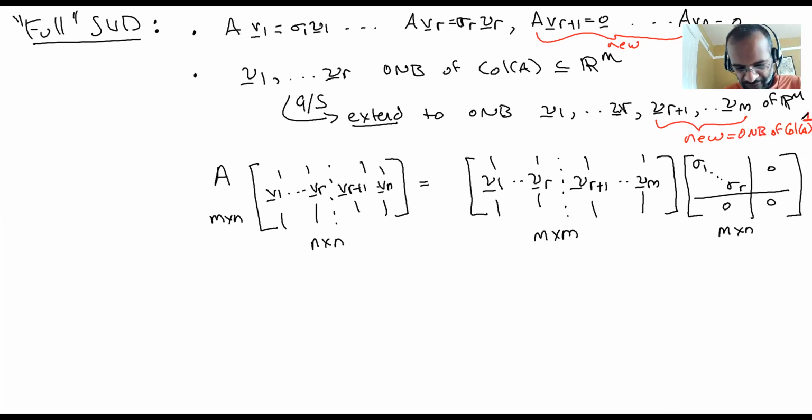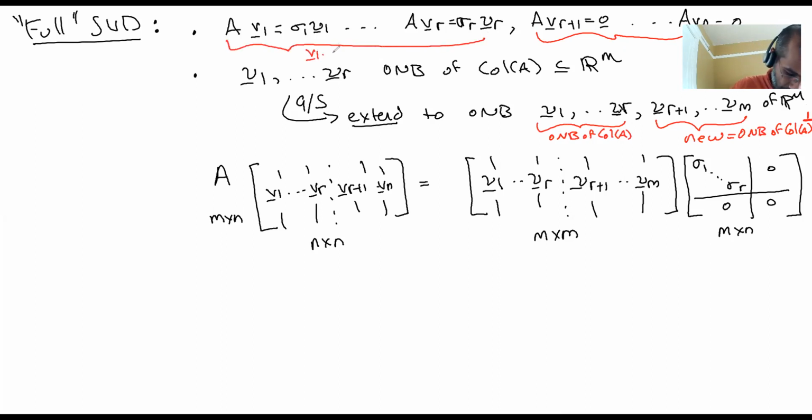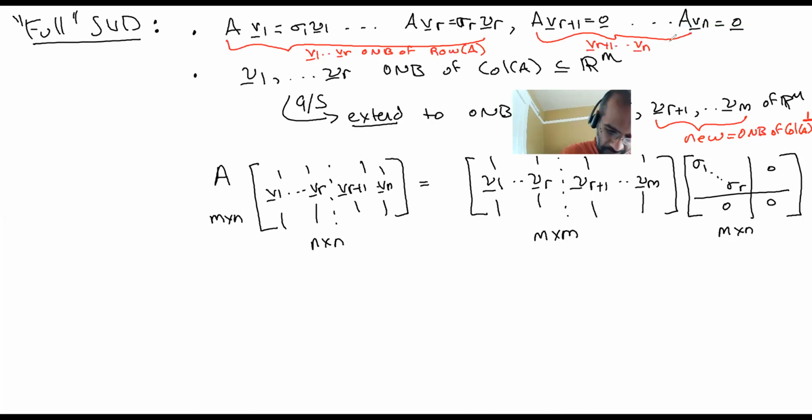And if you take a union of that with a basis, this is an orthonormal basis of the column space of A. Okay, maybe just to be fully explicit about what these vectors are. These V1 through VR are an orthonormal basis of the row space of A. And these VR plus 1 through the rest are an orthonormal basis of the null space of A.